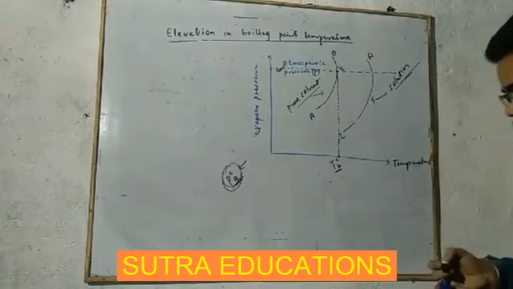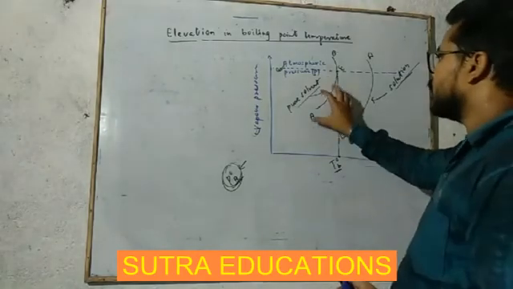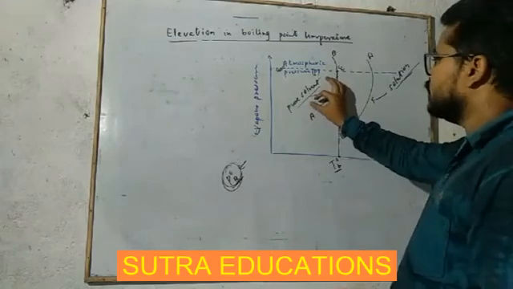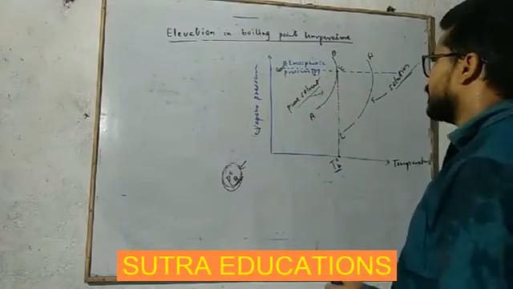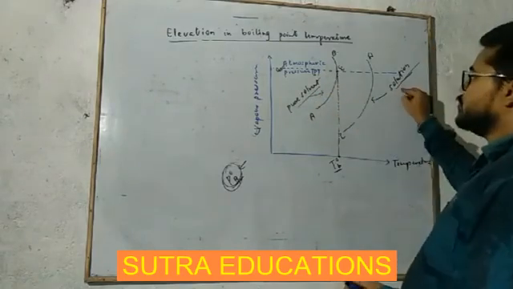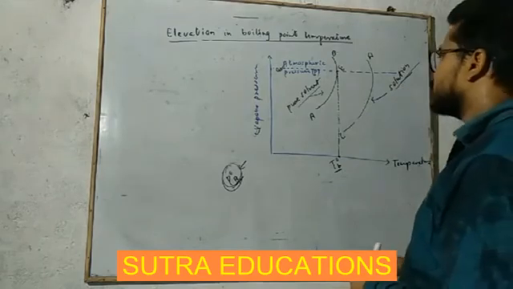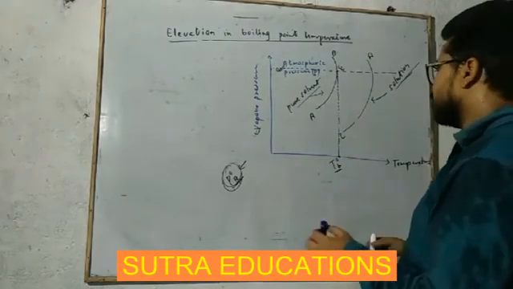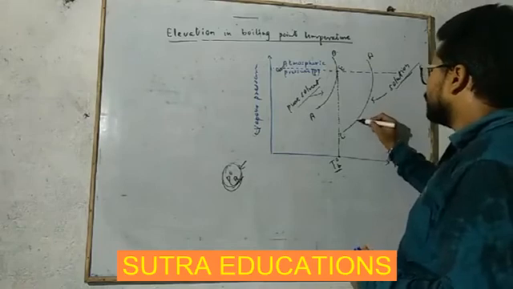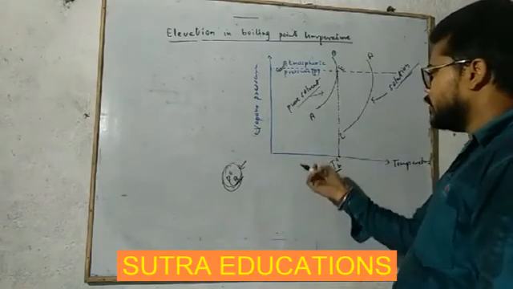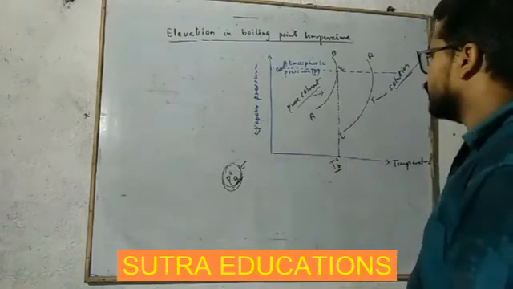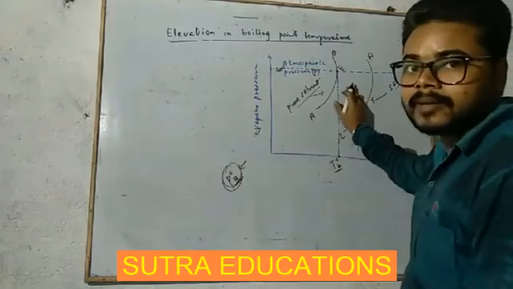Now we have added some non-volatile solute into this solvent. Okay. Now it has become solution. So we have discussed earlier, its vapor pressure will decrease. So we have to increase heating so that more vapor pressure can be found.